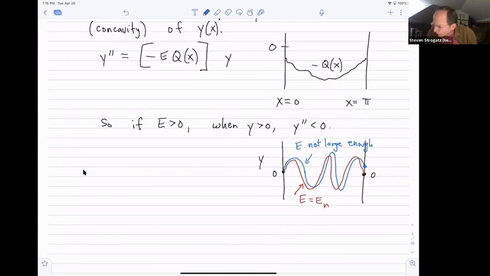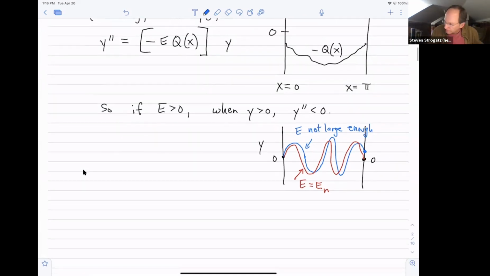Okay, so I don't know if that worked for you or not, but anyway, this kind of thinking suggests that for large n, meaning we're going to have a lot of wiggles, we're going to expect that E_n will be large, causing a lot of curvature, thus provoking all the wiggles.